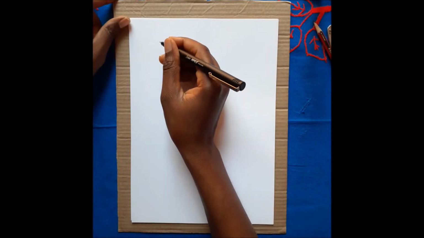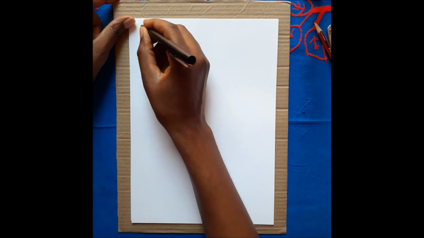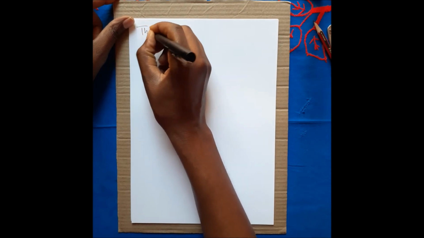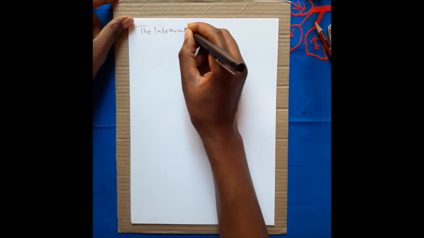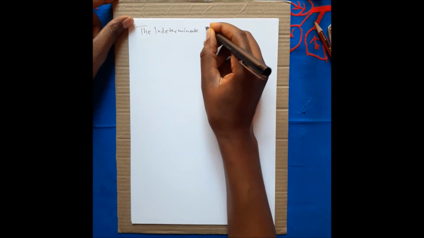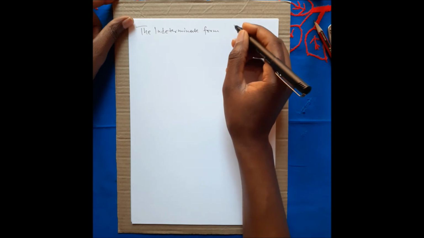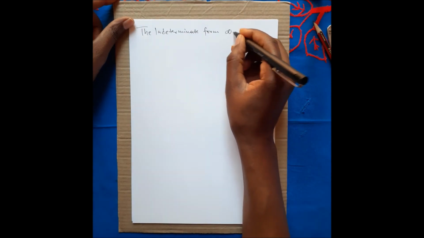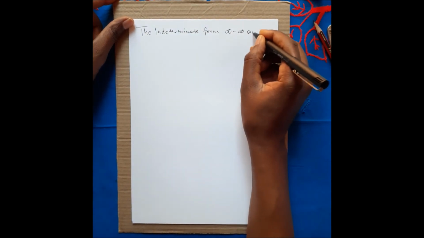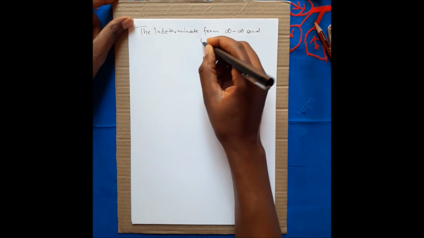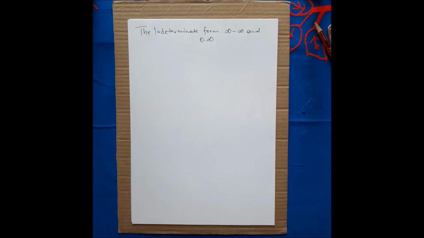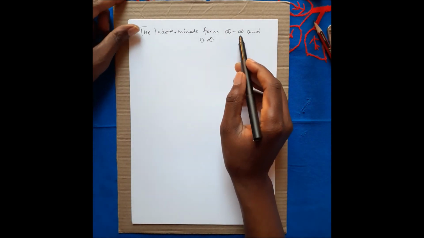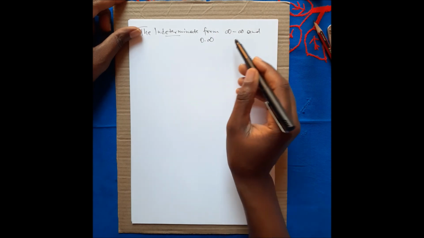Hello again. In this video, we continue to look at the indeterminate forms, either infinity minus infinity, and we also have 0 times infinity. So when we are evaluating limits and we get infinity minus infinity, we don't say that is equal to 0.